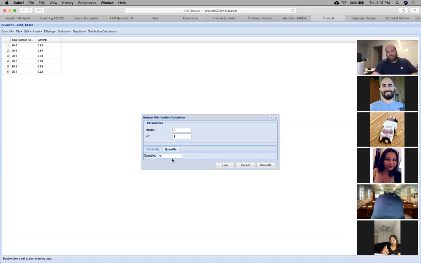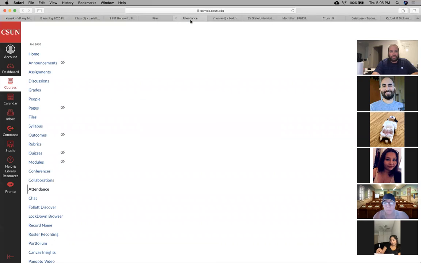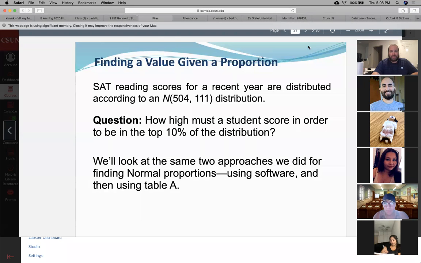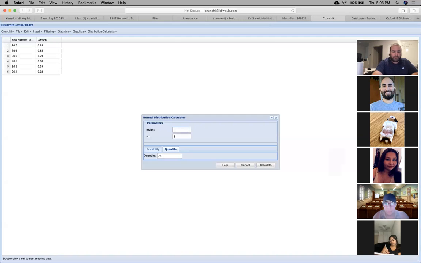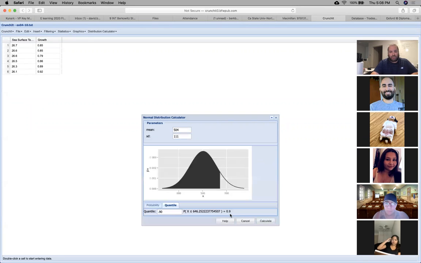If I want 10% to the right, I want 90% to the left. I could put in the mean and deviation. In our case, they were 504 and 111. And when I calculate it, it tells me that for 646.25, approximately 90% is to the left, i.e. 10% is to the right.